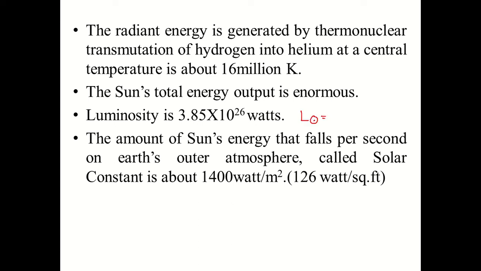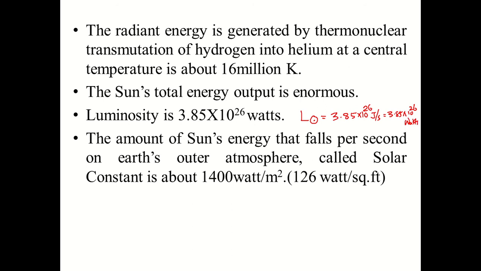Luminosity actually refers to the amount of total energy emitted per unit time. The quantity of energy emitted by an object in 1 second is called the luminosity, and that luminosity of the sun is equal to 3.85 into 10 raised to 26 joules per second, which is represented as watt. So 3.85 into 10 raised to 26 watt.